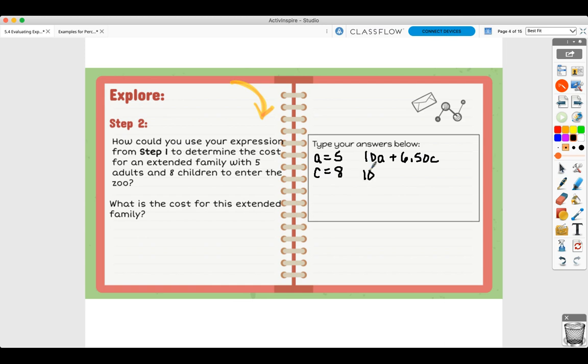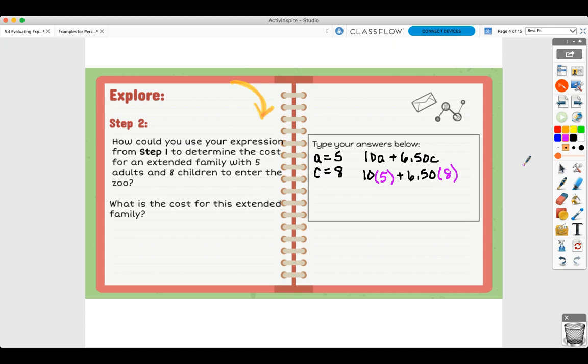So it's going to be 10. We now use those parentheses times 5 plus 6.50 times 8. So you really want to use parentheses now. That's really the way of showing that you're substituting in here.